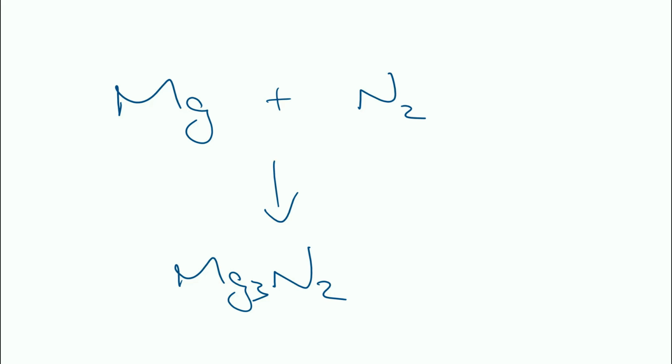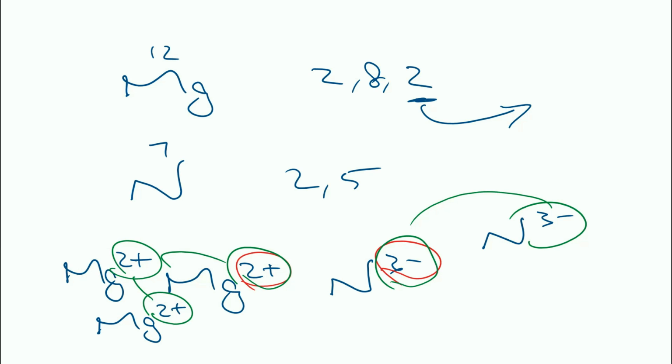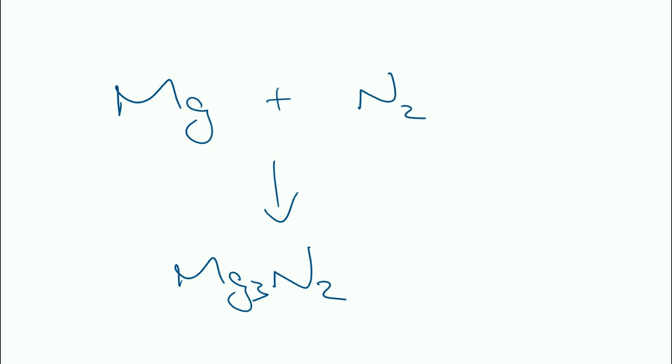Okay, because as we see here, if we go back to this one, we needed to use 3 magnesiums for 3 magnesium ions, and we needed 2 nitrogens for 2 nitride ions. So that's what this formula is actually saying. It's saying we actually need 3 of this atom, 3 magnesiums, and we needed to use 2 of this atom, 2 nitrogen atoms, to make our magnesium nitride, right? That's how we got that formula there.